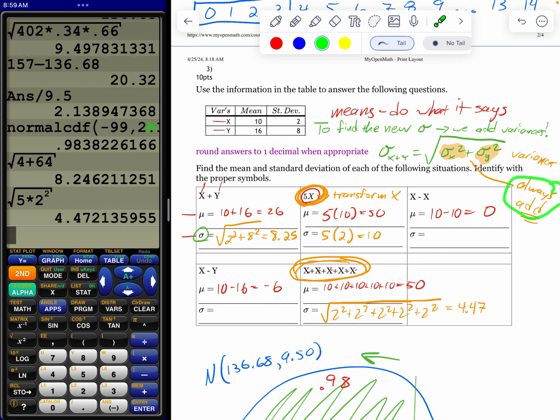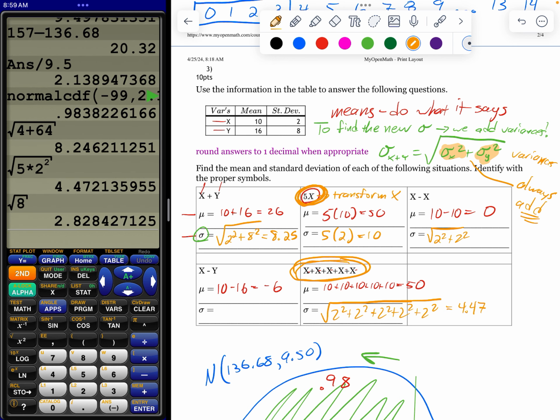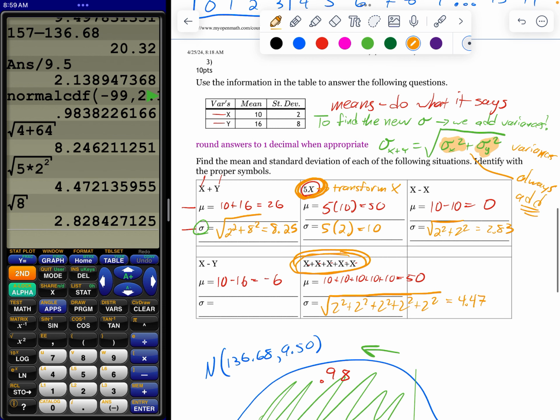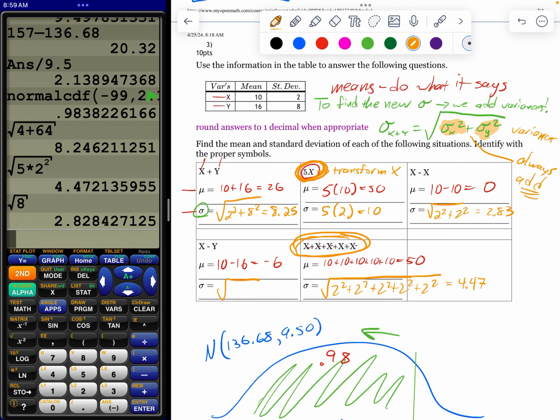So you always add the variances. So here, I'm going to have the square root of 2 squared plus 2 squared. So the square root of 8, 2.83. And then on this one, it would be the square root of 2 squared plus 8 squared.